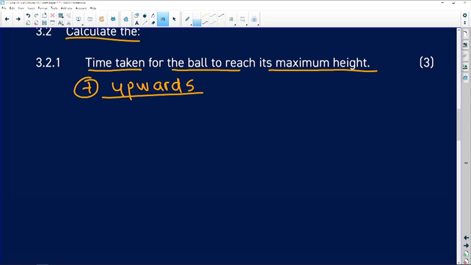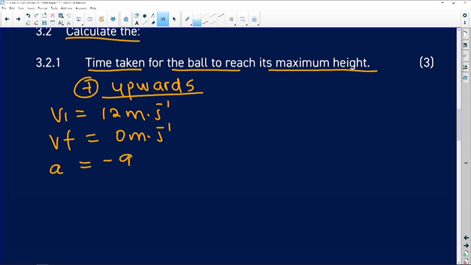We go to our formula sheet and choose the correct formula, because we do have VI, which is 12 meters per second, and VF, which is 0 meters per second. We also have the gravitational acceleration, which will be negative 9.8 meters per second squared.